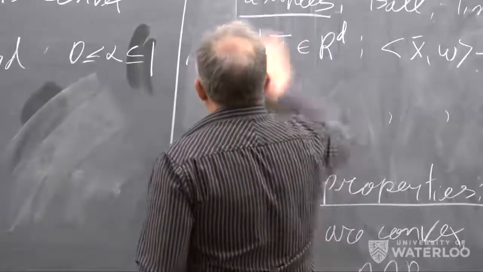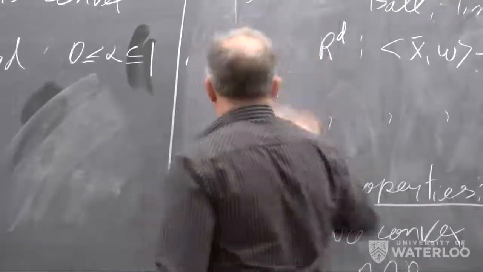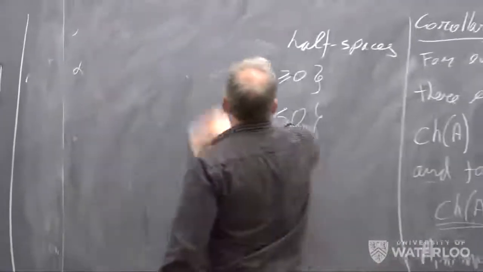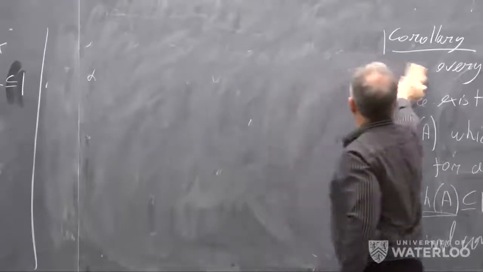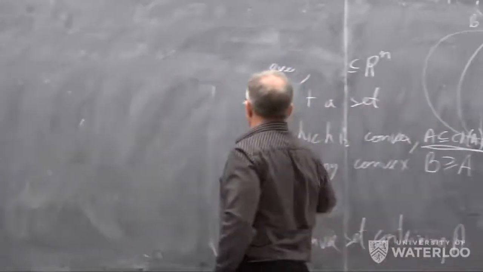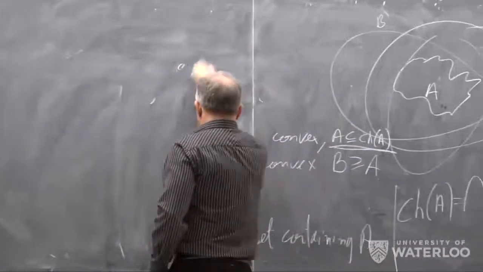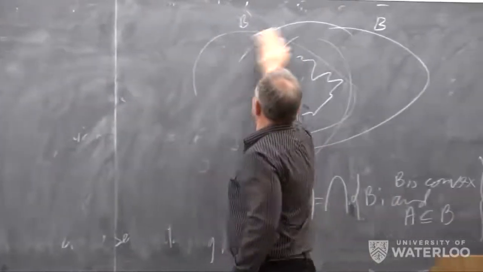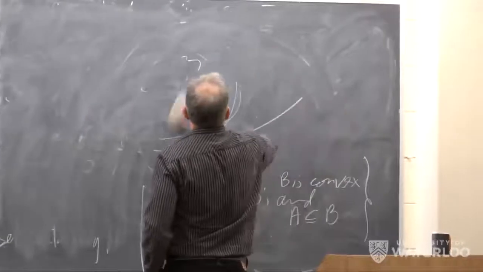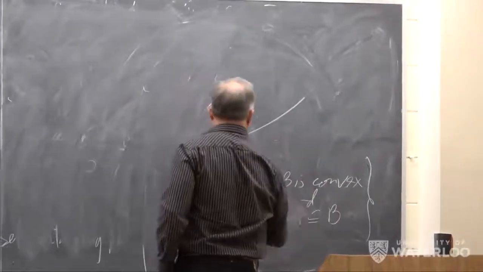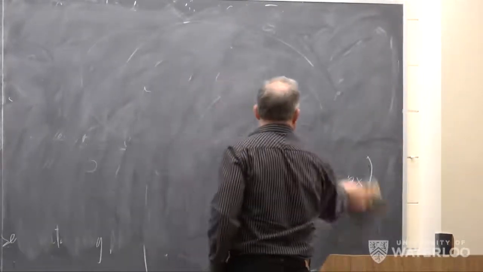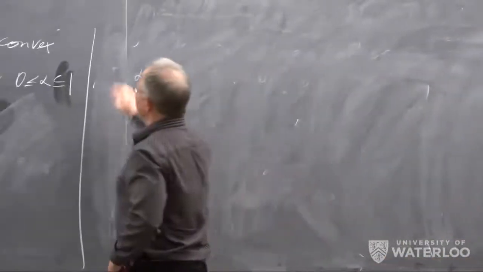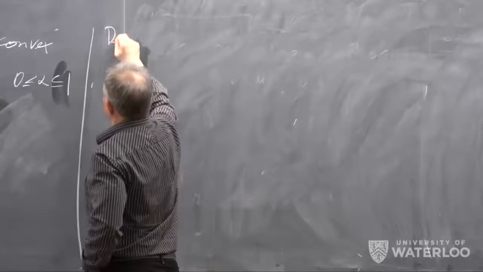The next component that we need is a notion of a convex function. So we have here a different definition.